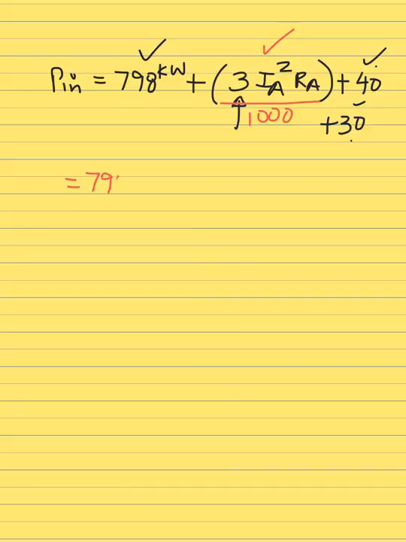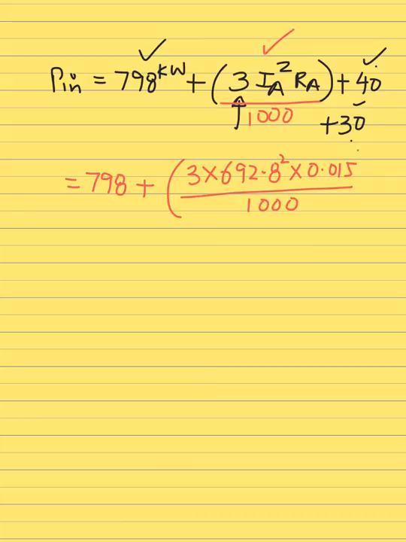So 798 plus, here this will be 692.8 square multiplied by RA, which was 0.015, divided by 1,000 in order to change it to kilowatts, plus 30 plus 40, 70 kilowatts. The amount of the input power comes as 889.6 kilowatts.